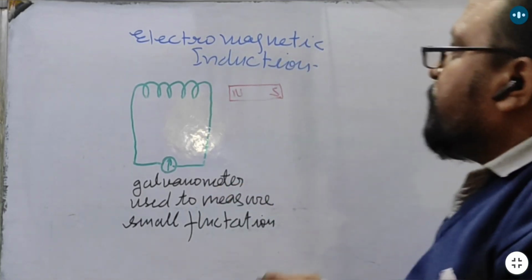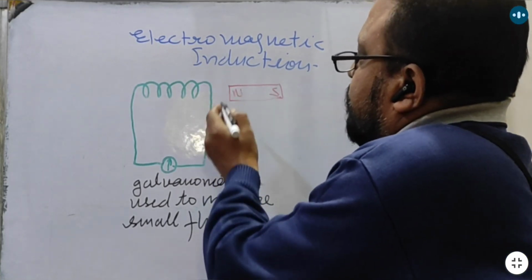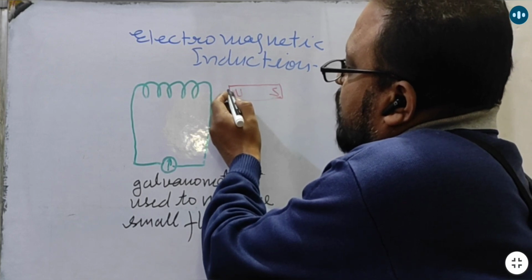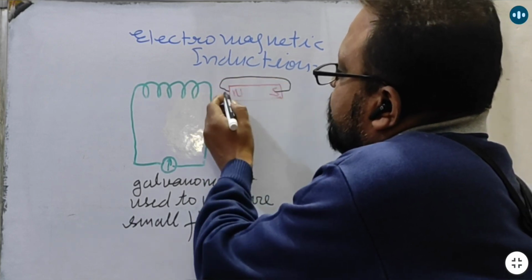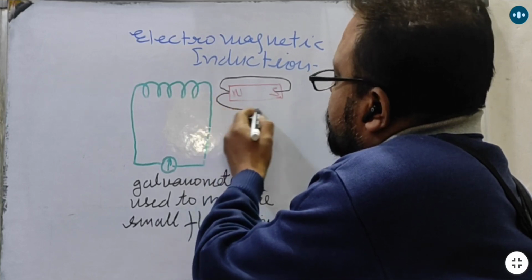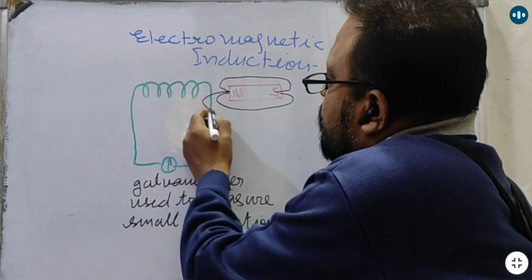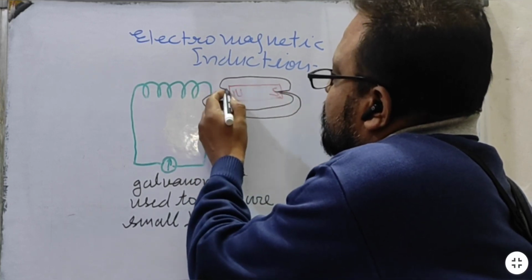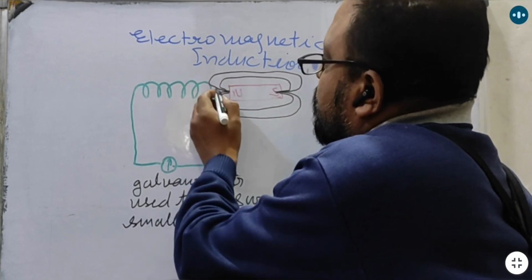So what happens if this is a magnet, so it will have a magnetic field around it. Magnetic field is represented by magnetic field lines, right? So these are magnetic field lines around the coil.